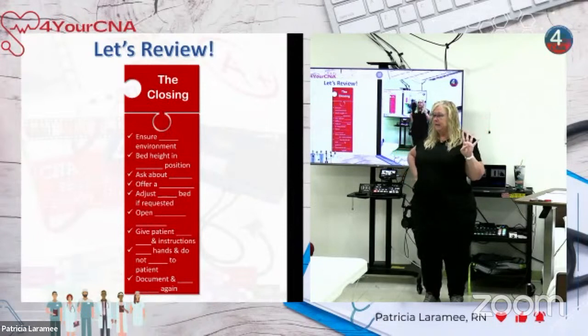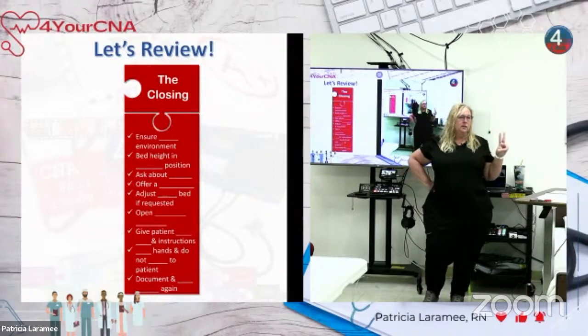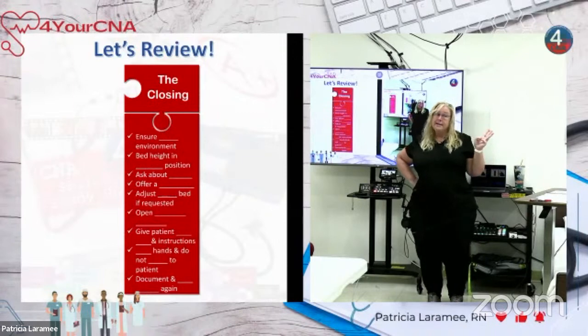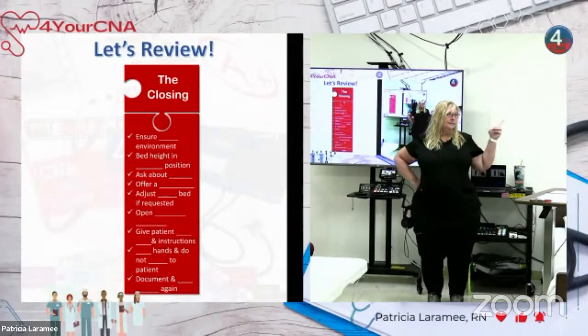Clean environment. Comfortable. They need to hear that word. Are you comfortable? Call light. They got to have a way of contacting us when we leave. Curtain. So clean, comfortable, call light, curtain.